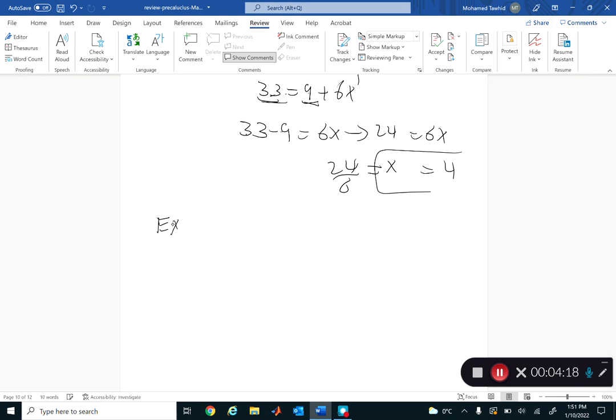All right, let me give you another example, harder than the previous one. If you have the square root of y minus 3 minus the square root of y equals negative 3.